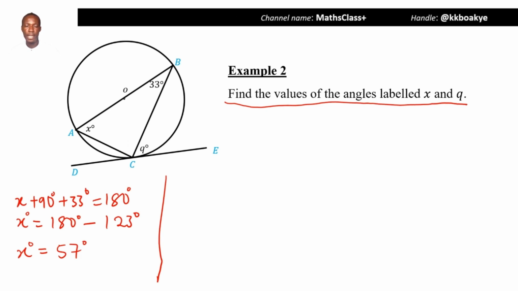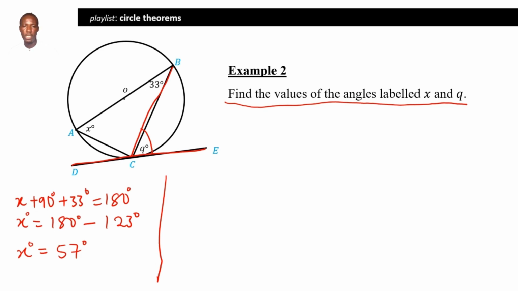Let's look at the second reference we can make. We have line D being a tangent. We have line BC being a chord meeting the tangent. So the angle between a chord and a tangent should be equal to the angle within the alternate segment, and that angle is subtended by the same chord.